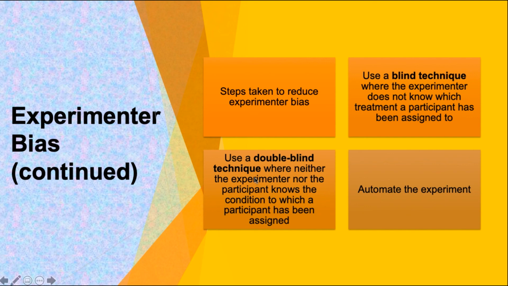Then we have the double blind. In the double blind technique, neither the experimenter nor the participant knows at the time of testing which treatment the participant is receiving. If you are interested in testing the effect of a particular drug on learning abilities, for example, you would give some participants the active drug and some a placebo, perhaps an injection of a saline solution.